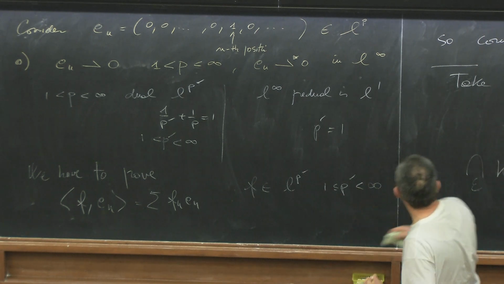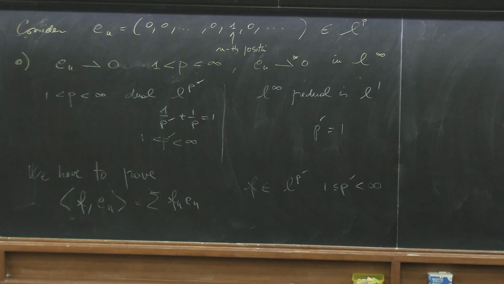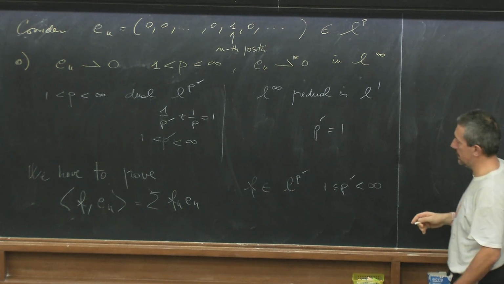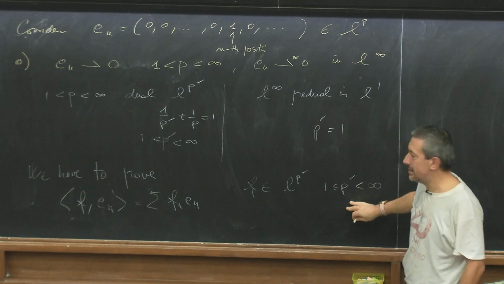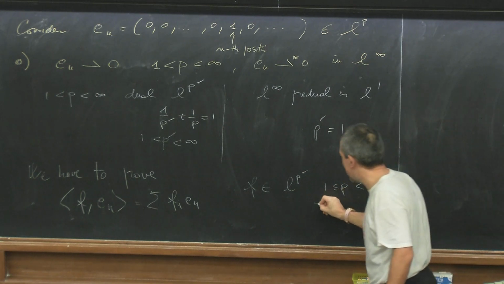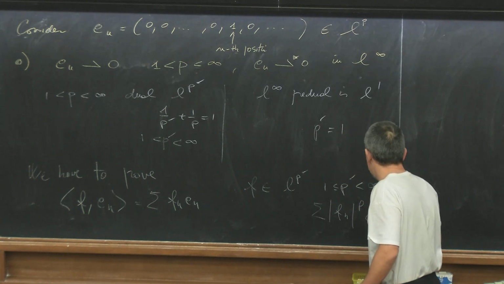Okay, so now what I do: since it is integrable, this means that the sum over f_n to the p prime is less than infinity.